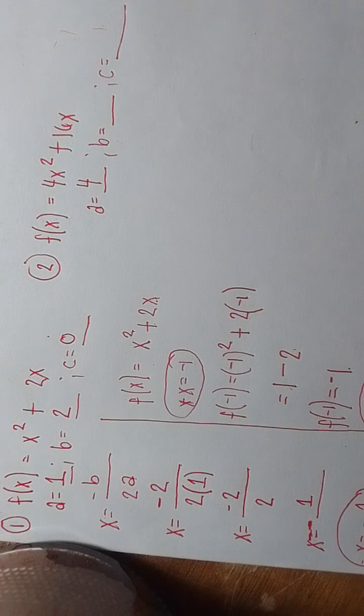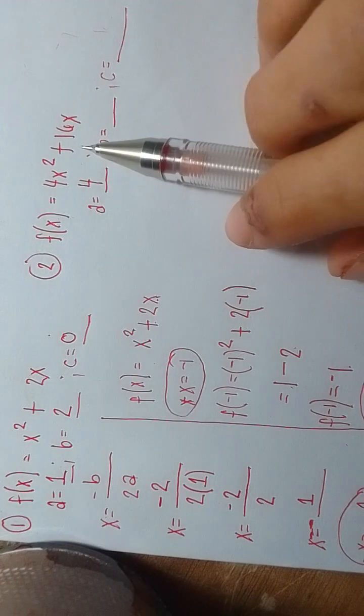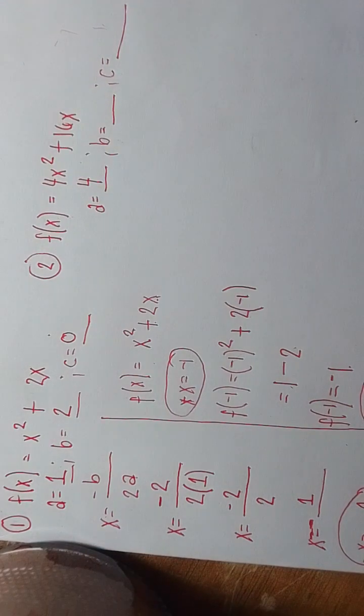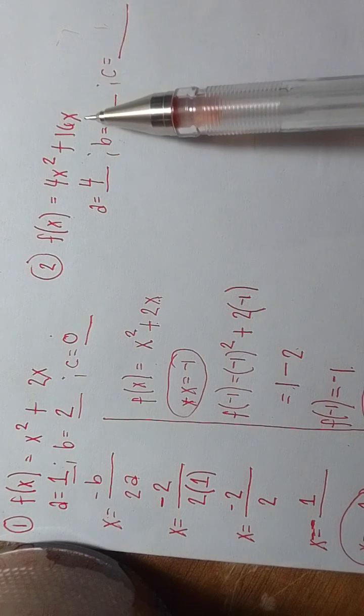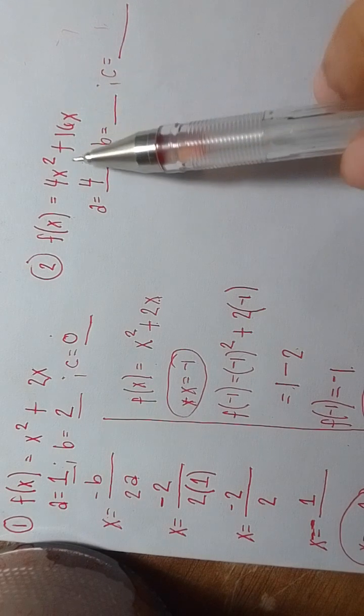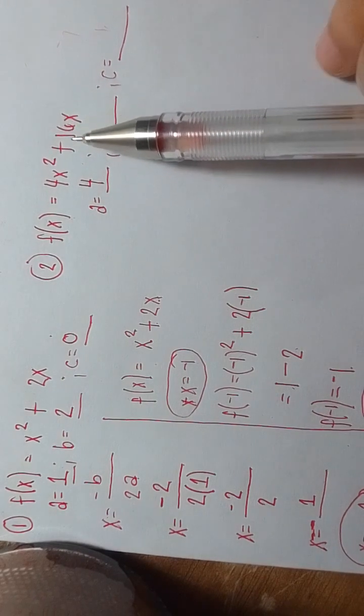Next, the value of B is the coefficient of x with power of imaginary 1. So, we have positive 16x for the second term. This is where we get the value of B. The coefficient of x is 16. And take note of its sign.